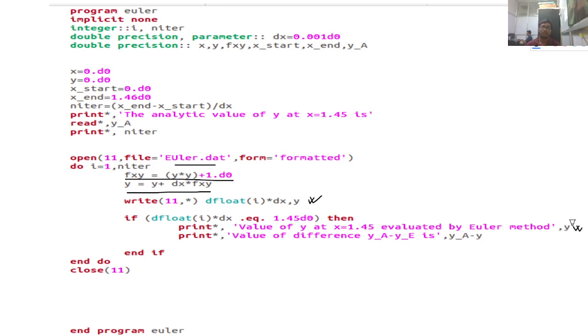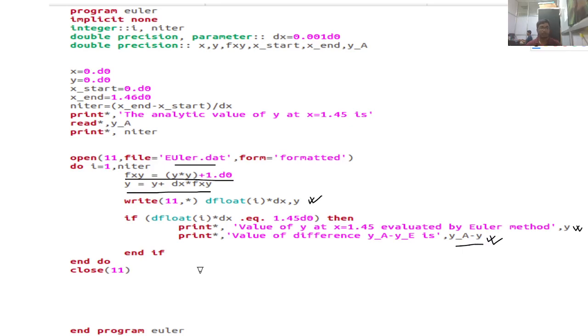And since we know the y value, we can print the difference ya minus ye, which we need for our answer to this question.